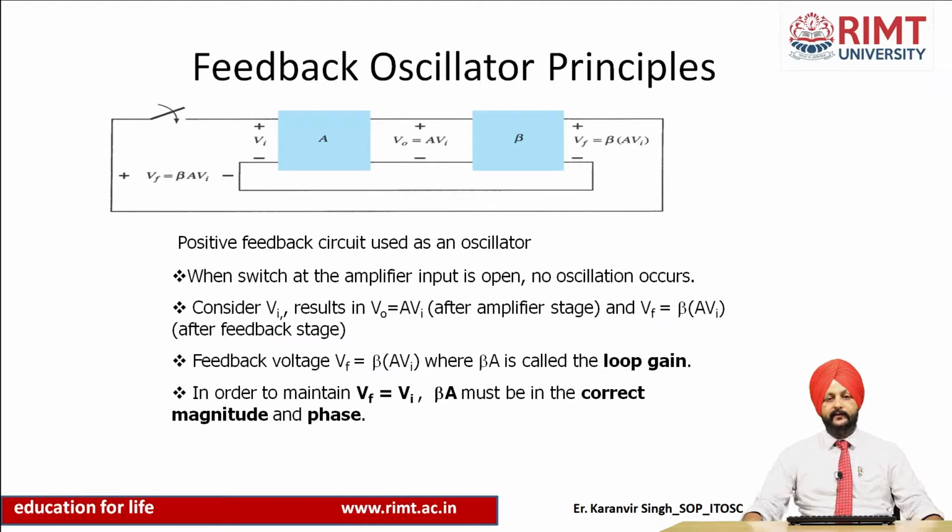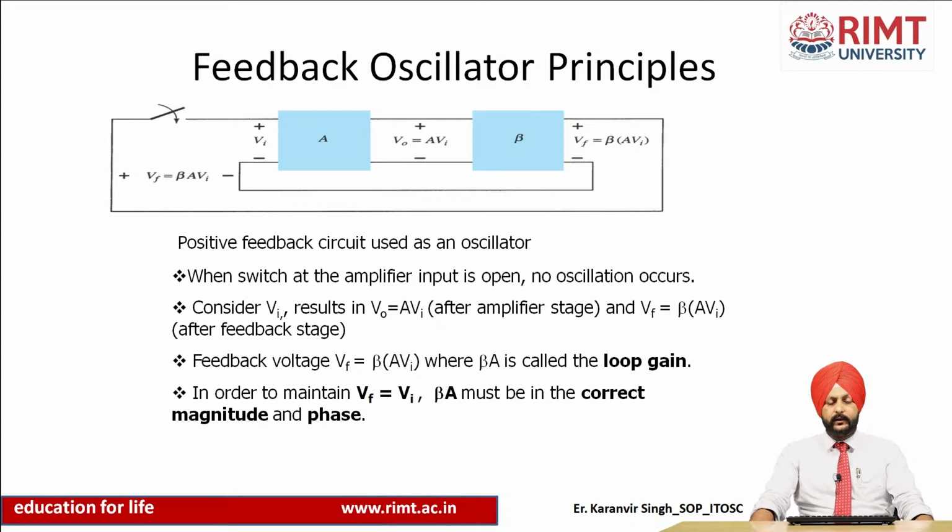After that there is another block, the feedback factor known as beta. When the amplifier's output goes to the input of this block, it produces the feedback voltage, known as Vf. Basically, a positive feedback circuit is used as an oscillator.